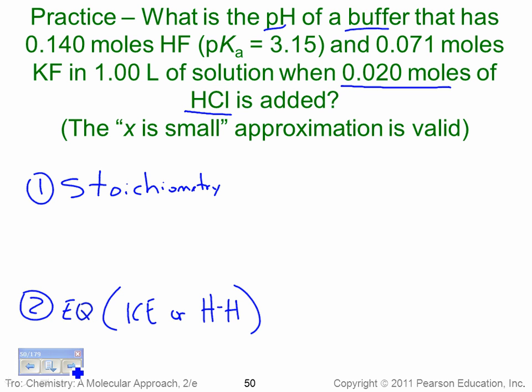You must know what the starting equilibrium concentrations are. And it definitely is not 0.140 and 0.071. It's not going to be the starting concentrations for your equilibrium, your part 2. Because the first thing that has to happen is stoichiometry.